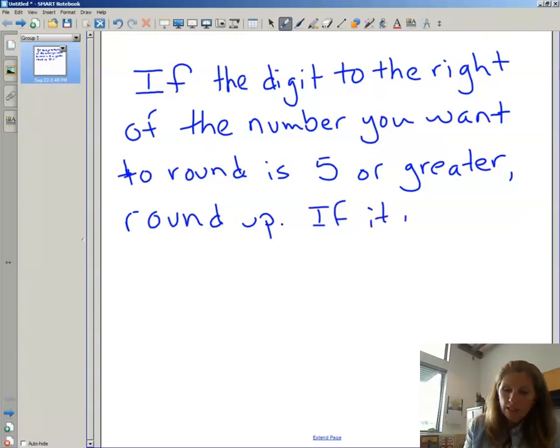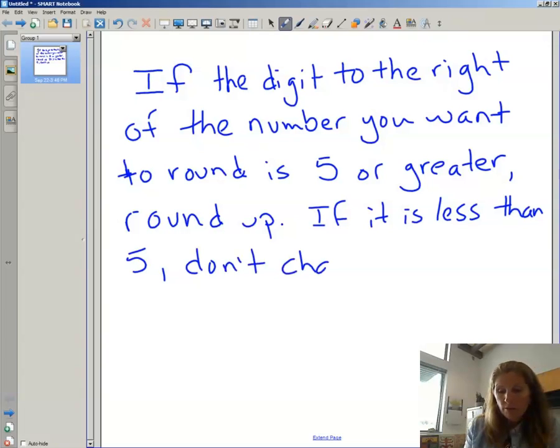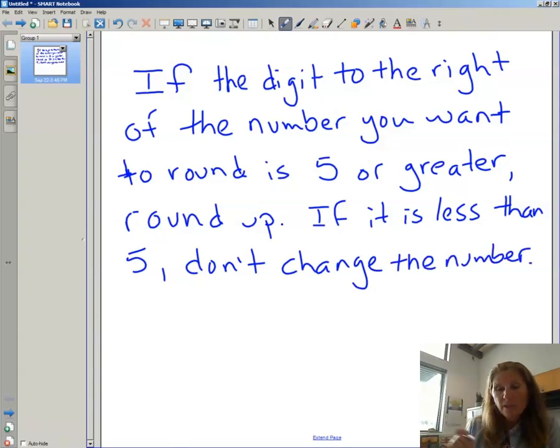If it is less than 5, don't change the number. That's important because you don't ever drop a number down. You either keep it the same or you go up. You don't ever bring it down.